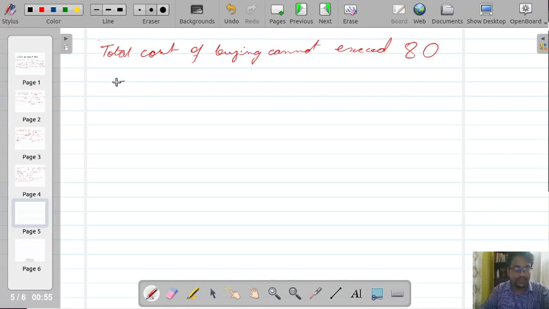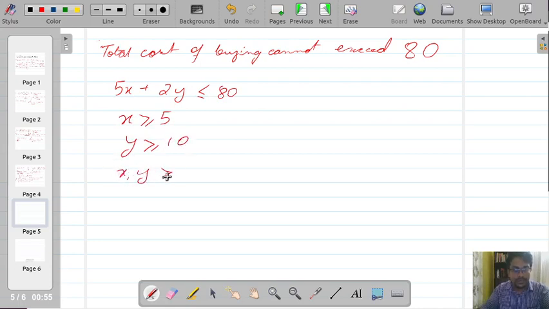So what are the constraints I will get? These are the constraints: 5x plus 2y less than or equal to 80. Then x is greater than or equal to 5, y is greater than or equal to 10. Together with that we need these constraints also. These are there in the earlier problems also.